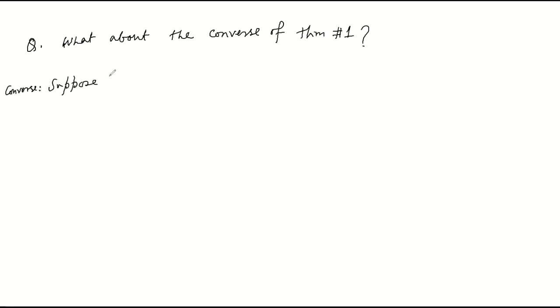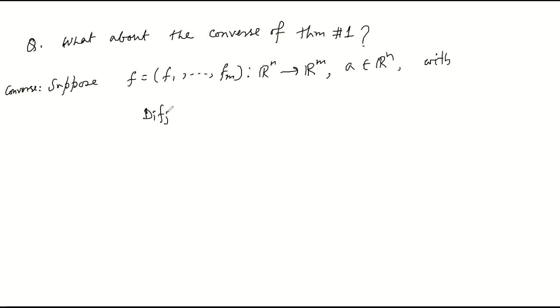Suppose f is a function, f equal to f1 and so on, fm, from Rn to Rm, and a belongs to Rn, such that all the partial derivatives dj fi at a exist.